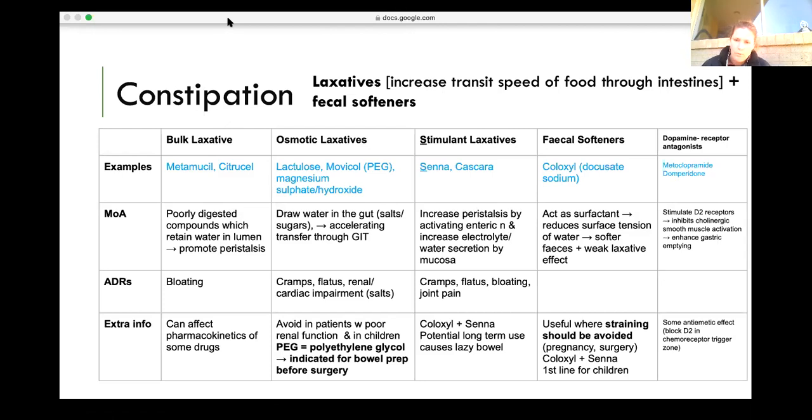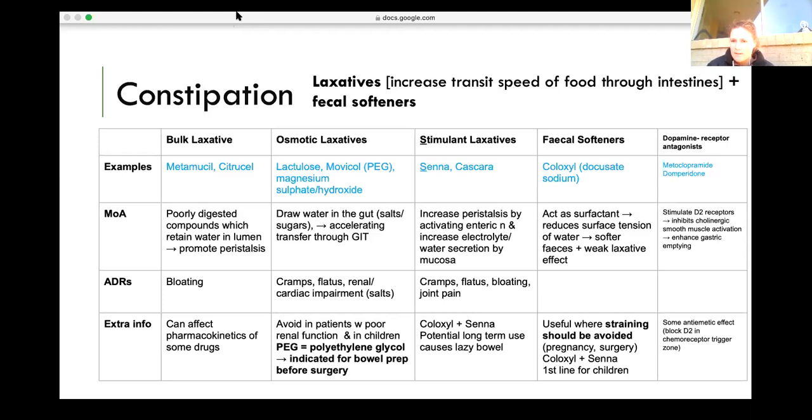And it's really useful when straining should be avoided. So if the question was a pregnant woman had constipation or something, then that's the Coloxil example. And it's also first line for children because it has the least impact on your digestive system. That's my understanding anyway.